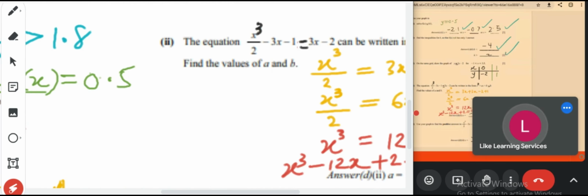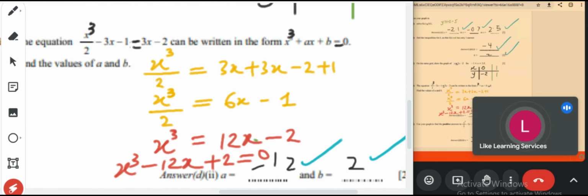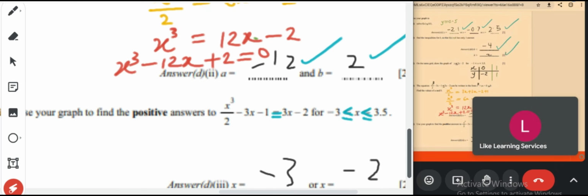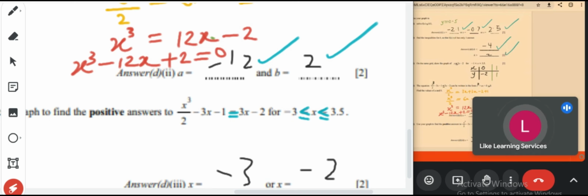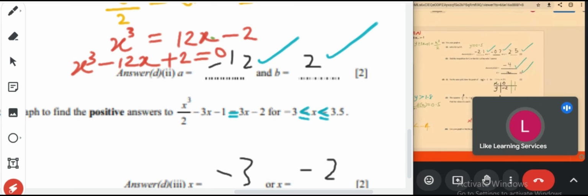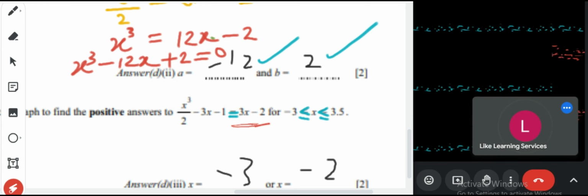So when you equate both of them, you know that it will just be where the two graphs intersect. Do you now remember? They are basically asking you to locate where the two graphs intersect. That's all. Where this first graph intersects with the second graph. That's equating one with the other.